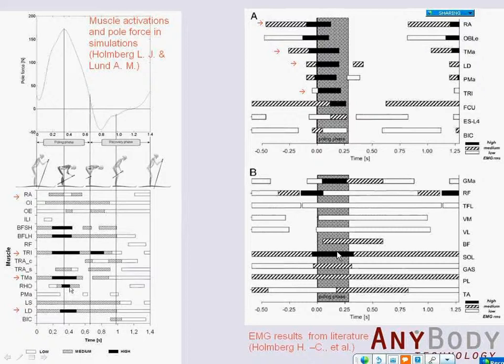Many muscles are activated slightly earlier in the roller ski study, but you have to remember that the peak pole force was also earlier in the roller ski study.